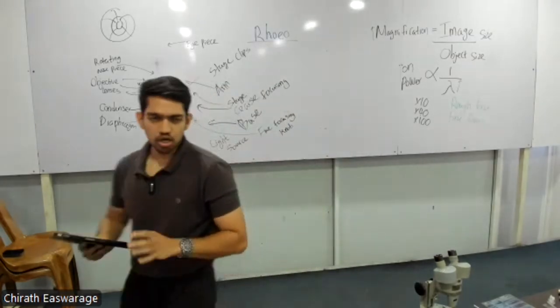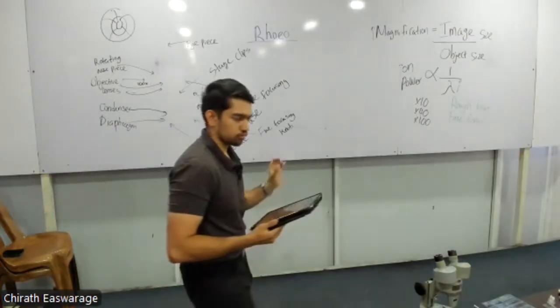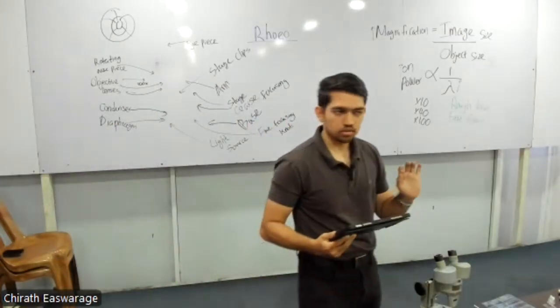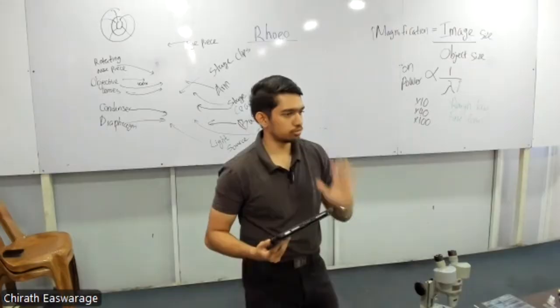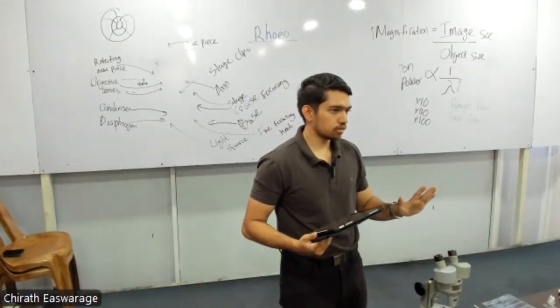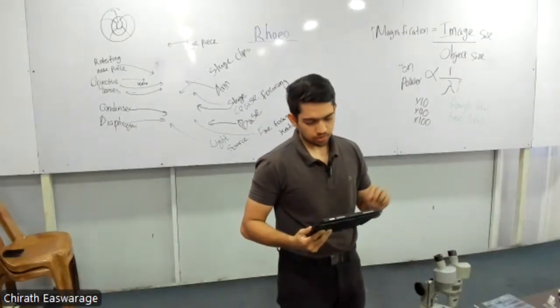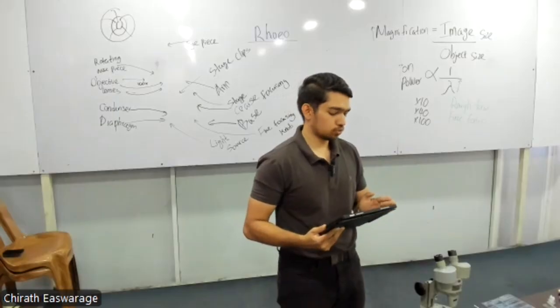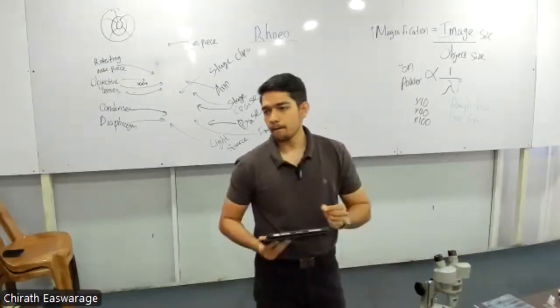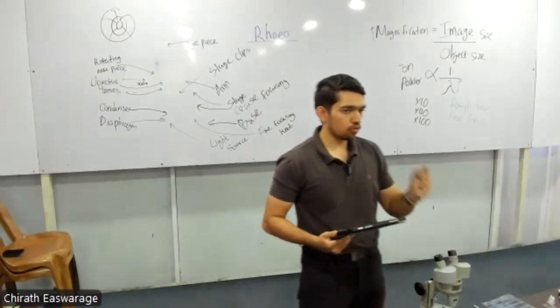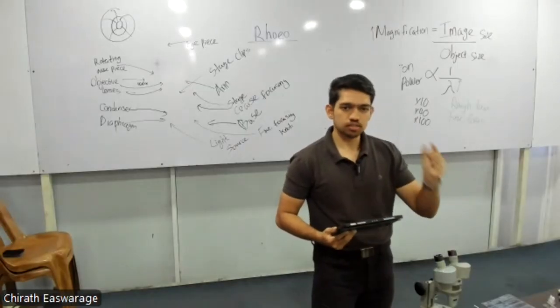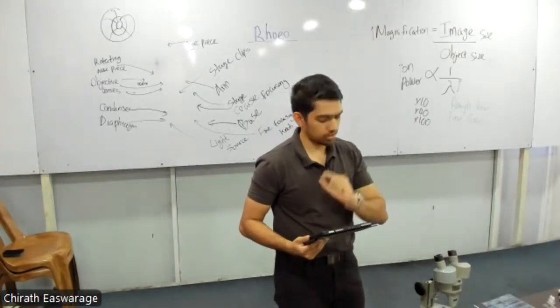This next chart is very important. Put a star mark or whatever. This comparison will be questioned in MCQs and structured questions, very commonly. So we have to compare light and electron microscopes. In light microscopes, what is our focusing instrument? Glass lenses that refract light.